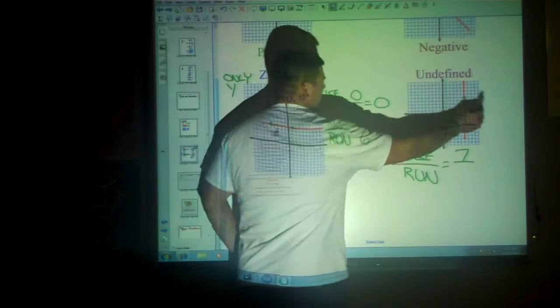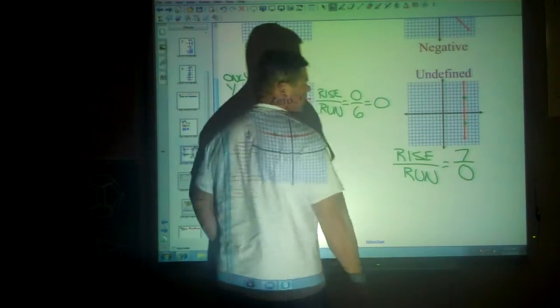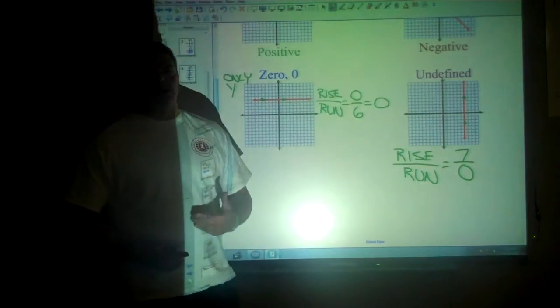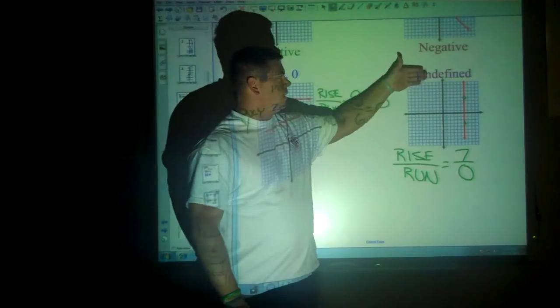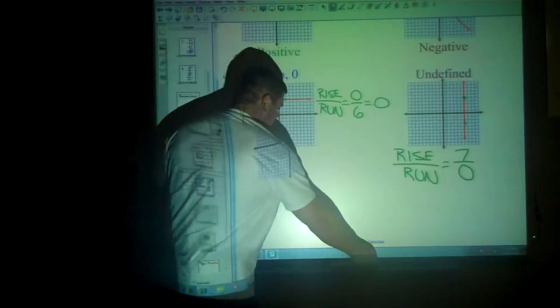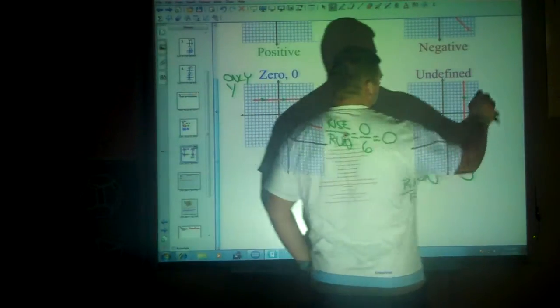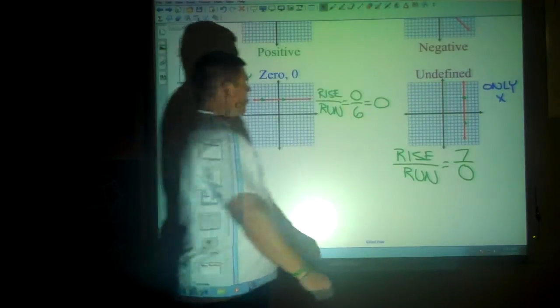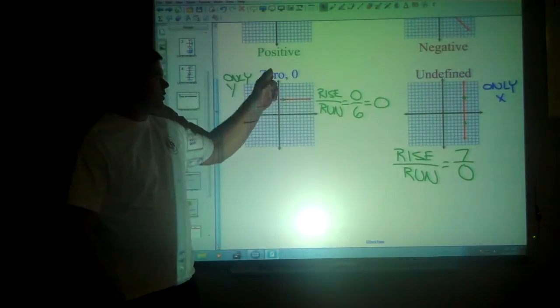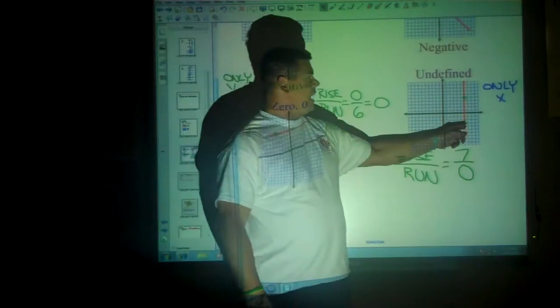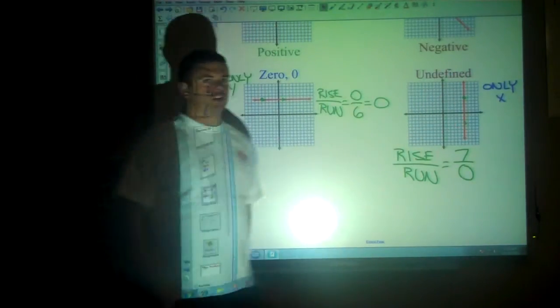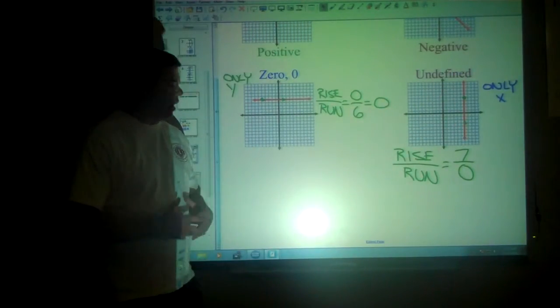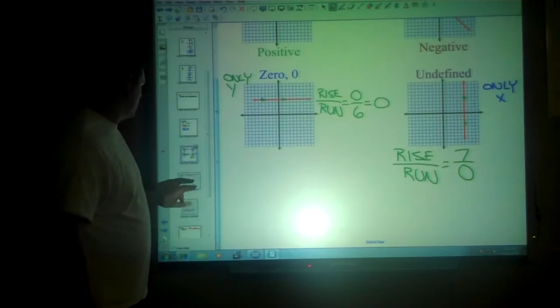But it doesn't go left and it doesn't go right, so the run is 0. You cannot divide by 0 and get an actual value. That's why we call it undefined. These are going to be only x. Only y, horizontal, 0 slope. Only x, vertical, undefined slope. Undefined is not 0. Undefined is not a value.